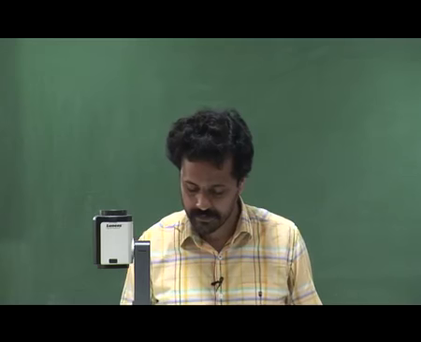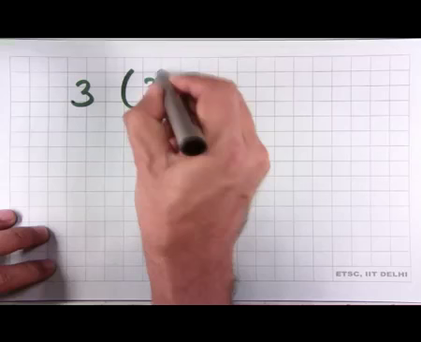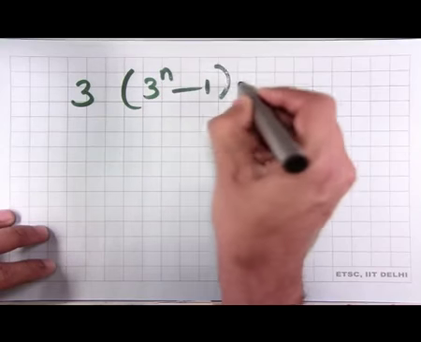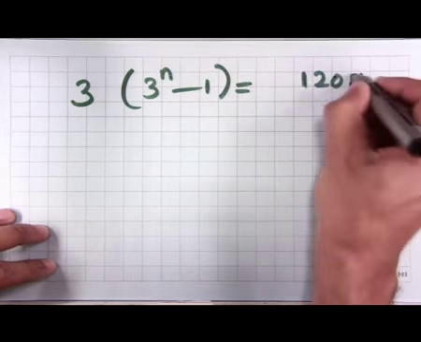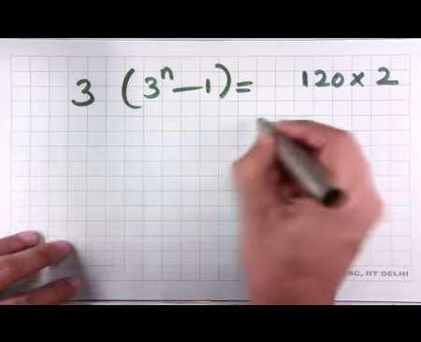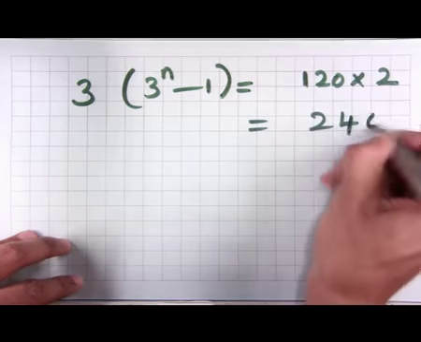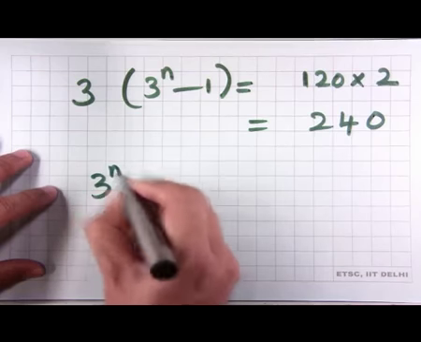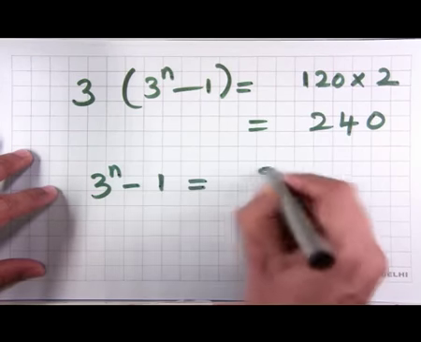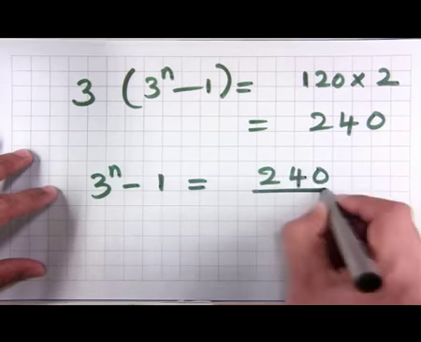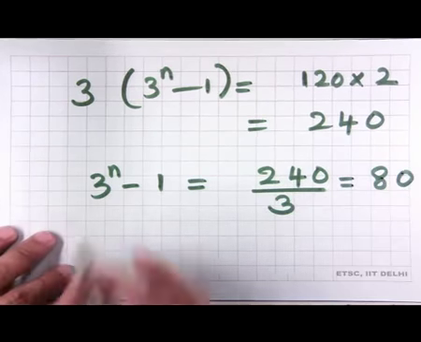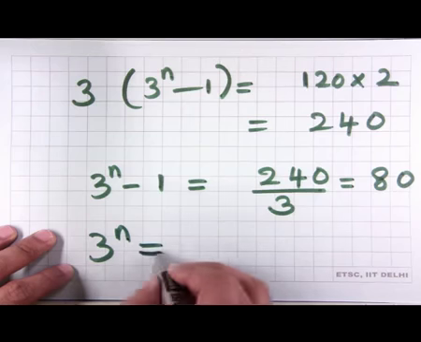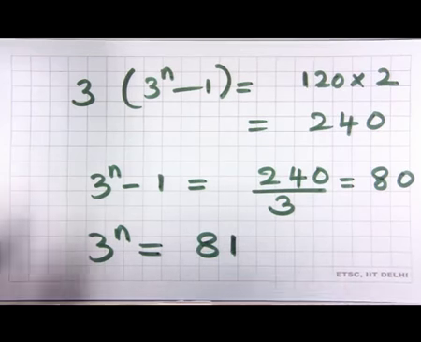Therefore, 3 into 3 power n minus 1 is equal to 120 into 2, which is 240. So, 3 power n minus 1 is equal to 240 by 3, which is 80. So, 3 power n is equal to 81.